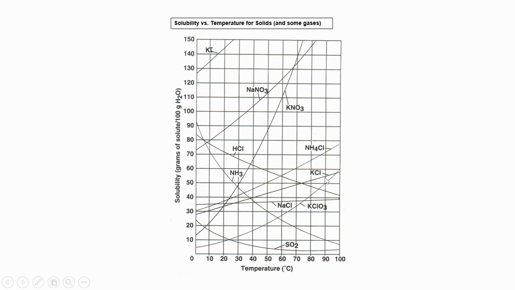Well, I should only be able to dissolve about 55, but I have dissolved about 70. I have more in solution than I should have. So the line represents a saturated solution. The solution I have described is above the line. There is too much in solution. So it is supersaturated.